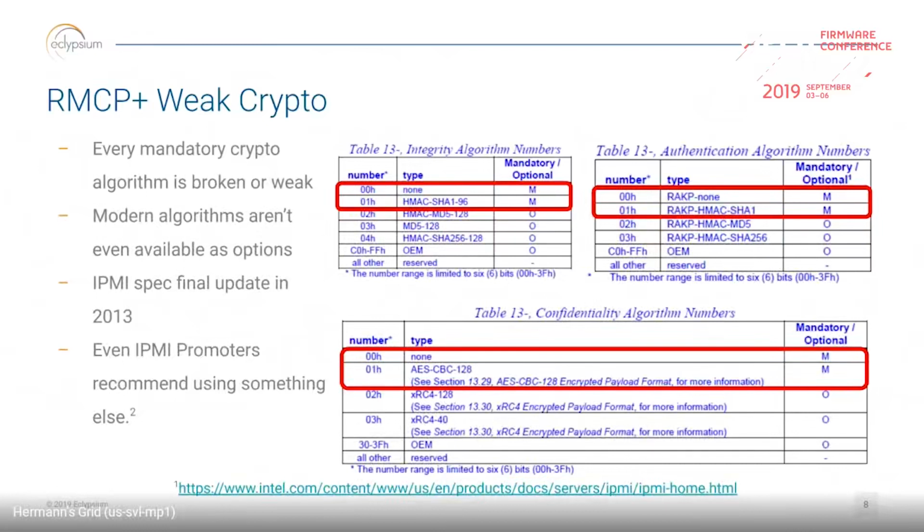But given that the standard was last updated in 2013, pretty much all of the available options, even if you implement the optional ones, are just classic algorithms that either are already vulnerable or very likely to be vulnerable. And in fact, if you implement only the mandatory ones, you are guaranteed that you're using a weak algorithm for at least some aspect of your security.